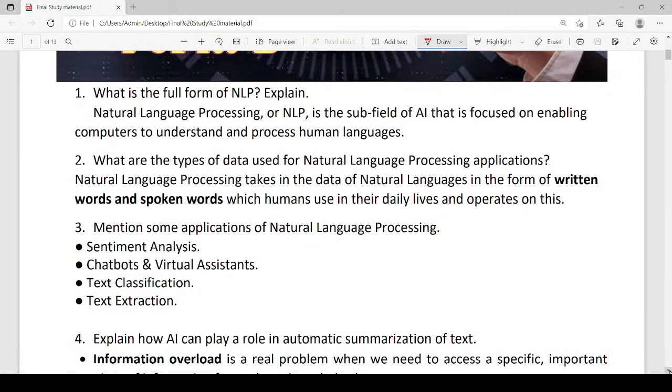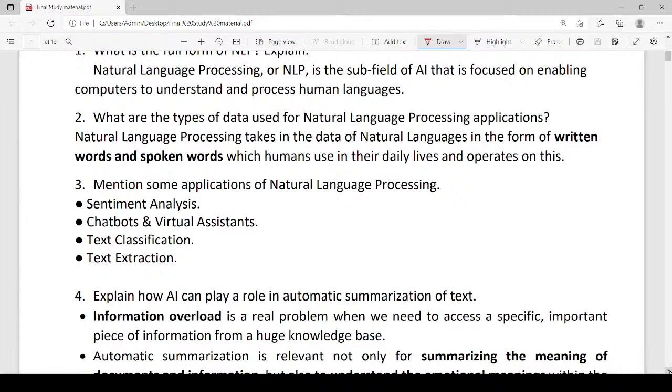Now the next question, explain how AI can play a role in automatic summarization of text. How do we summarize the text? Here, information overload is a major problem. We see lots and lots of information that is available to us. Here some information is relevant to us, whereas most of it may not sound relevant.